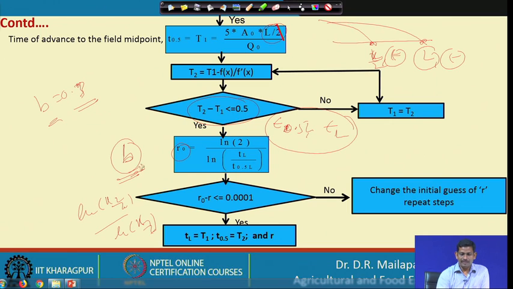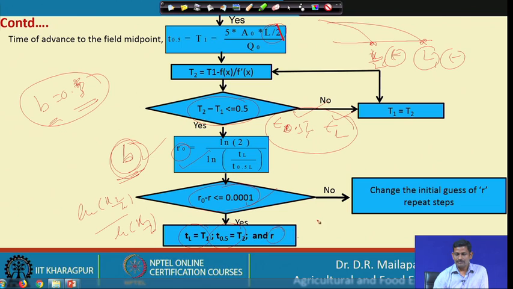Okay. So, then find out the new B. Now check whether this B is close to the initial guess B. If they are not close, again change B and find out T 0.5 and T L, and estimate B. Now again compare, and if they are close, you are done. Finally, you will get the advance point at the field end, the advance point at the middle point, and the R value.